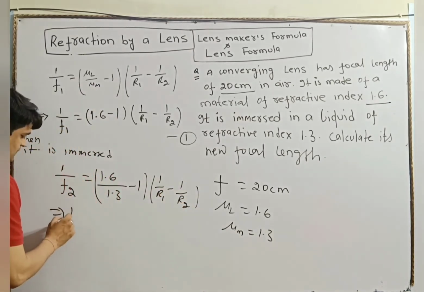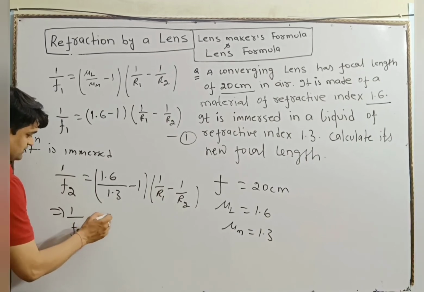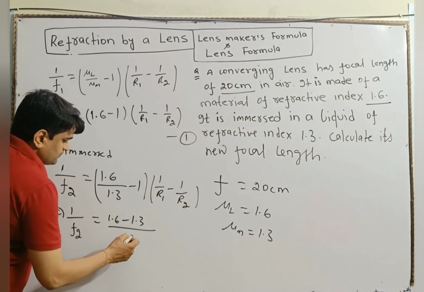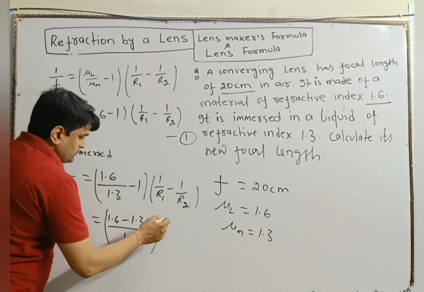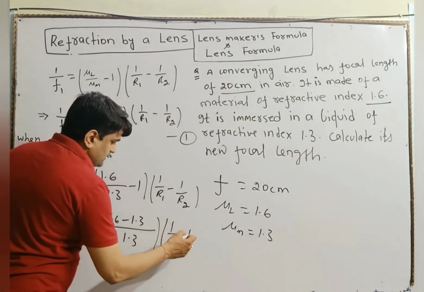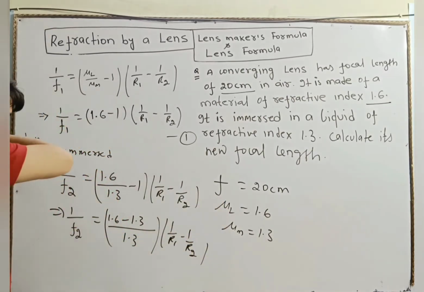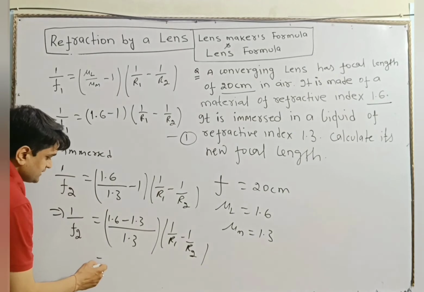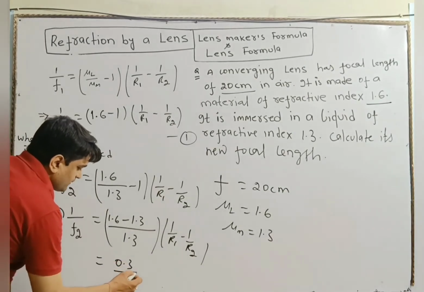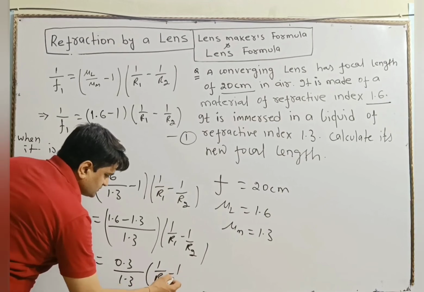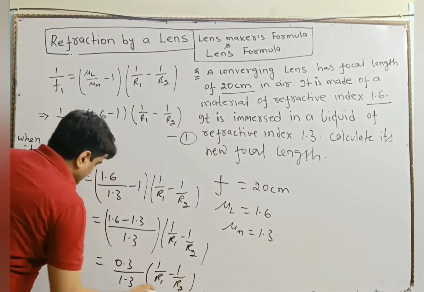That's all. So 1 upon f2 will be 1.6 minus 1.3 upon 1.3 into 1 upon r1 minus 1 upon r2. Okay, it comes as 0.3 upon 1.3 into 1 upon r1 minus 1 upon r2, and it will be 1 upon f2.